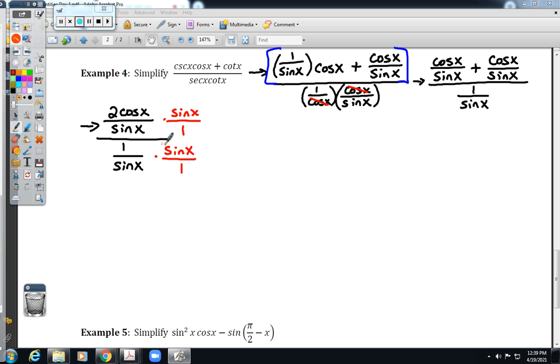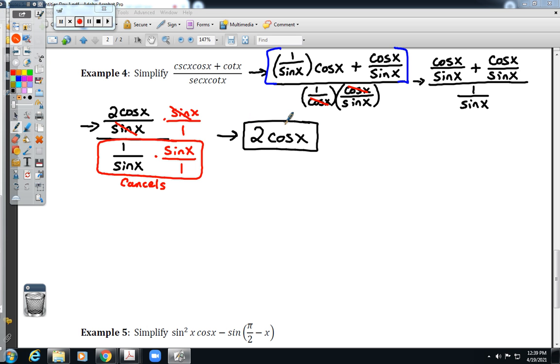The whole point being that all of this cancels. The entire point of doing that is to cancel the entire denominator. Now in the numerator, what happens with the sines? These cancel as well. And we are left with 2 cosine x, which is as simple as this could possibly get.